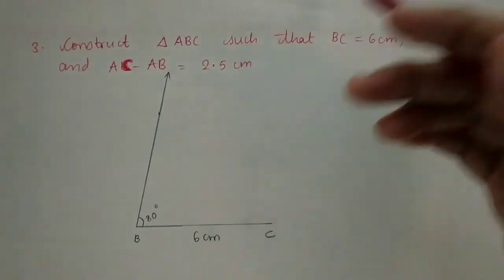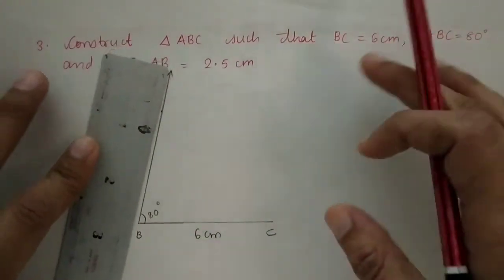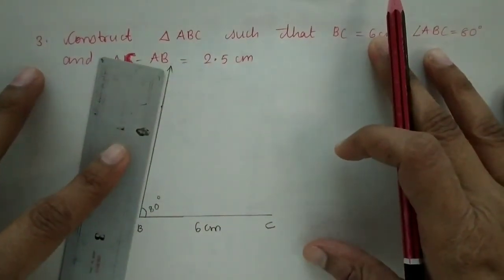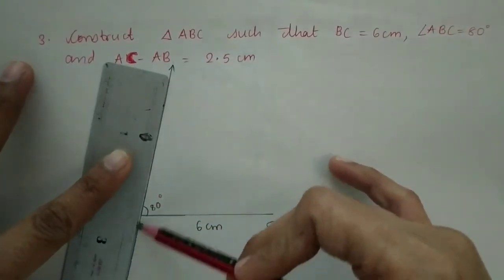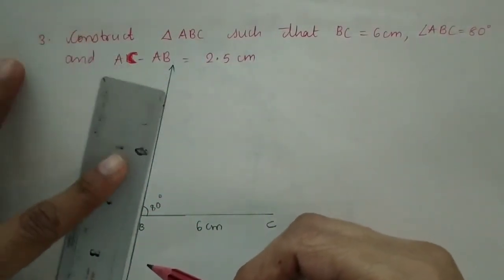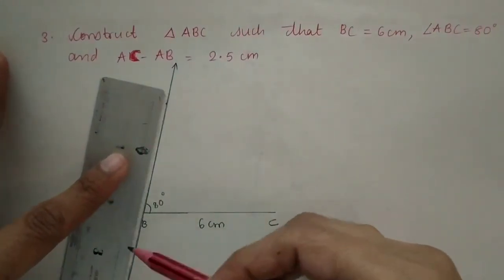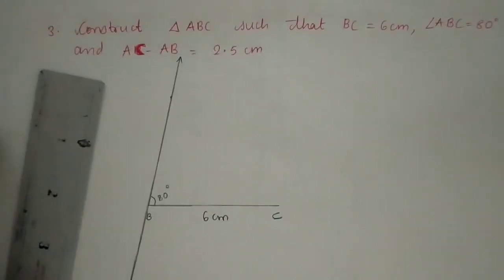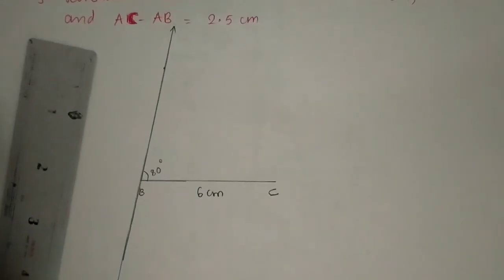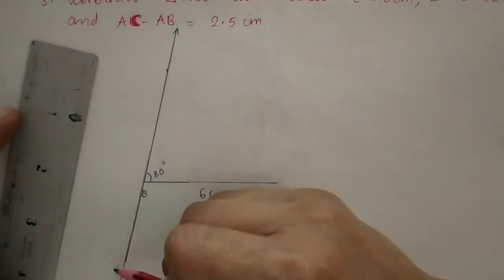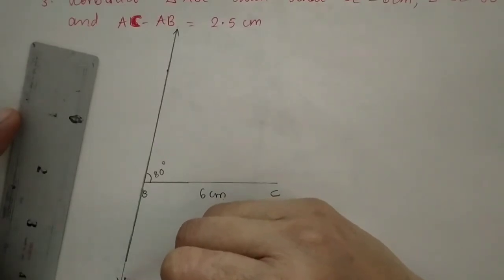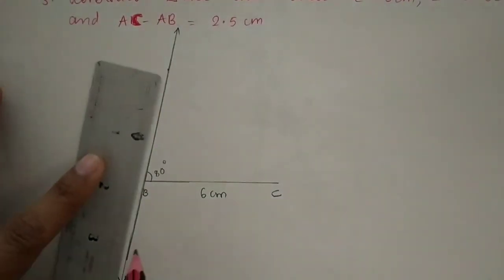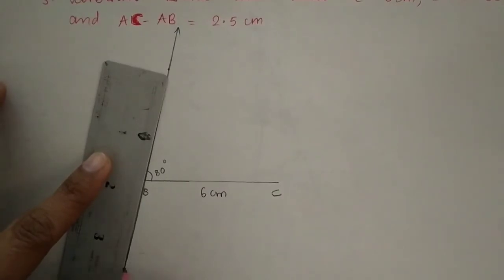So how will you draw this? For that you extend this. You will extend this in the downward direction, and you draw a ray here. This is how you extend it in the downward direction.